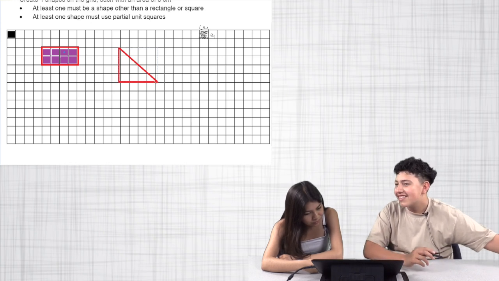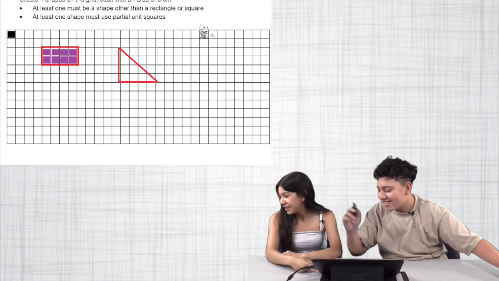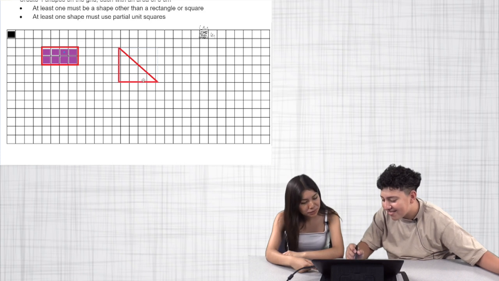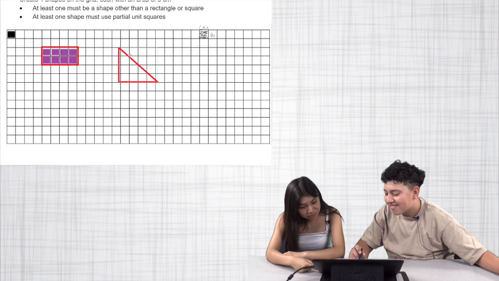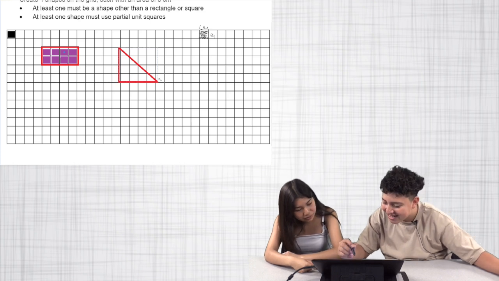It's 8. Look, so you know how we did those? Look. 1, 2, 3, 4, 5, 6. Half of these. Half of these. Oh, yeah. Well, we've got to move it.